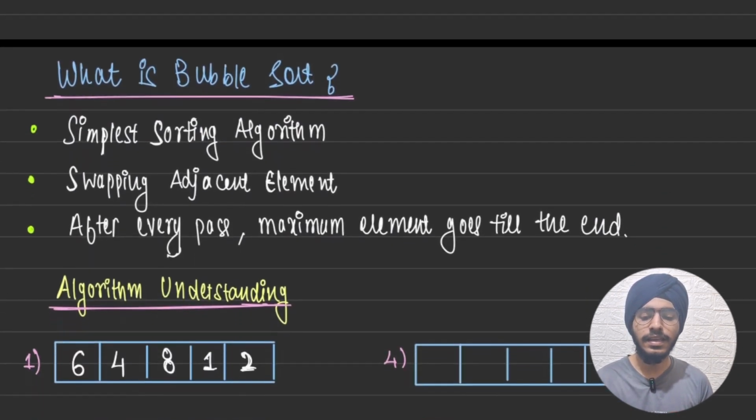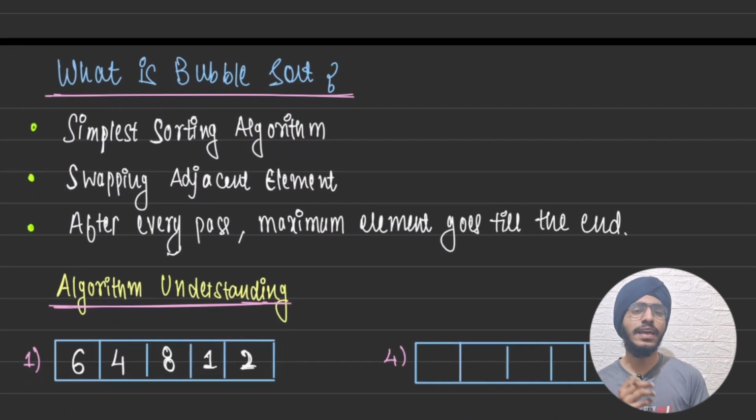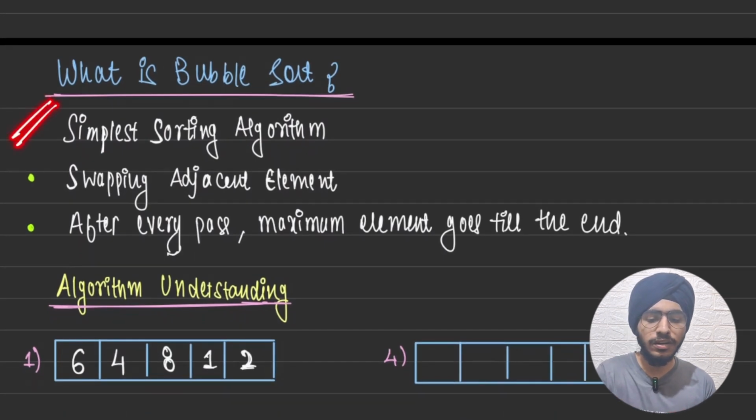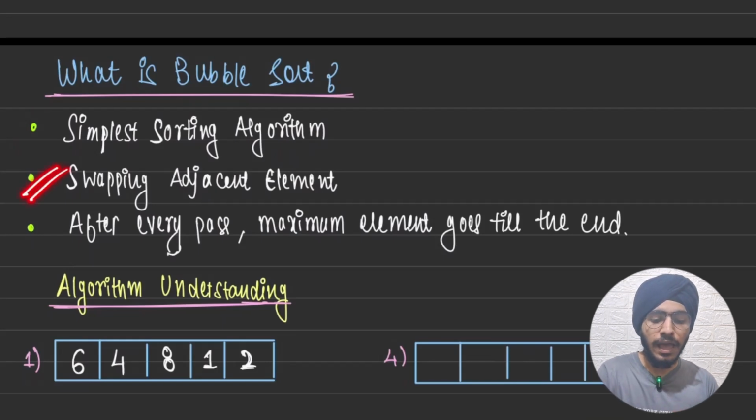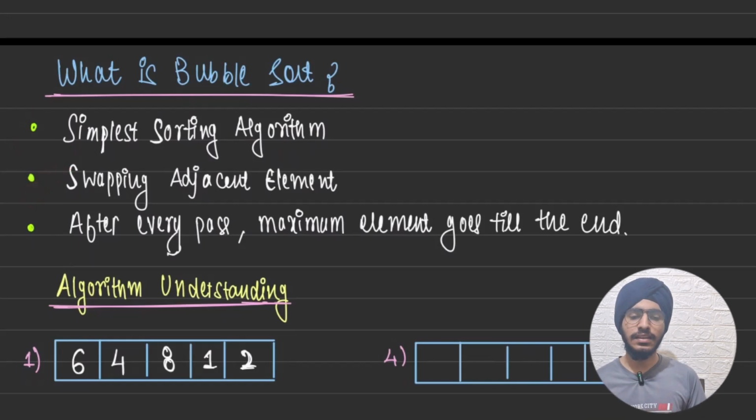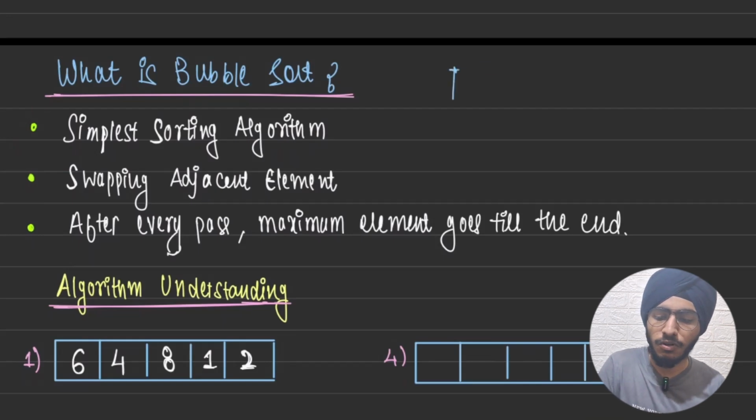Now let's understand what the algorithm is and what bubble sort actually is. Bubble sort is the simplest sorting algorithm, as we have understood. Every time we take out a maximum element and push it at the end. It happens by swapping adjacent elements. Now what happens in bubble sort?